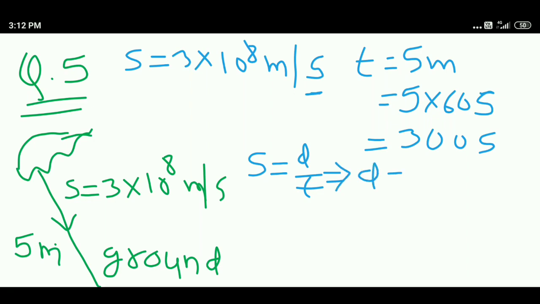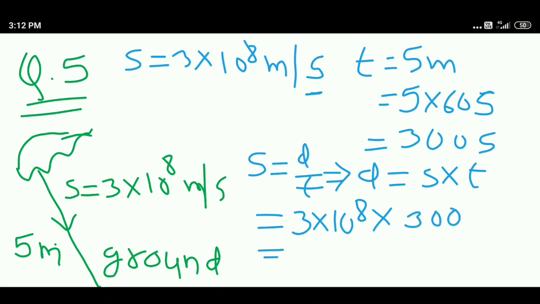Now as we know, speed is equal to distance by time. Similarly, distance is equal to speed into time. Speed is 3 into 10 to the power 8 multiplied by 300 seconds.